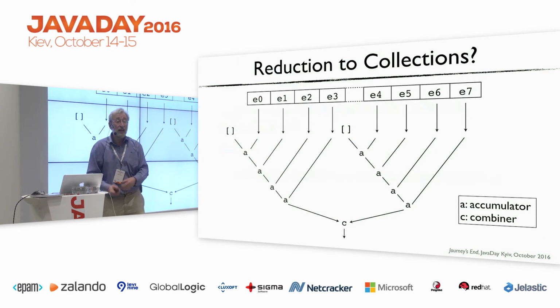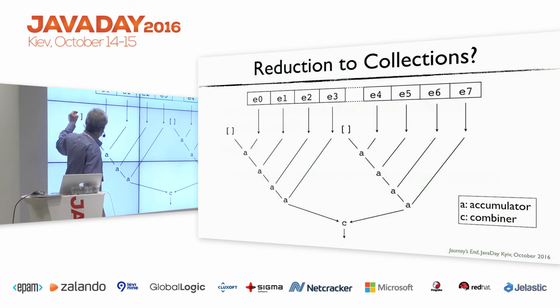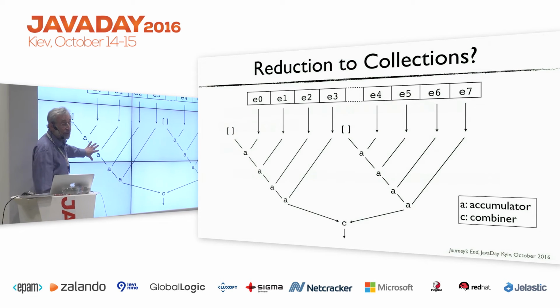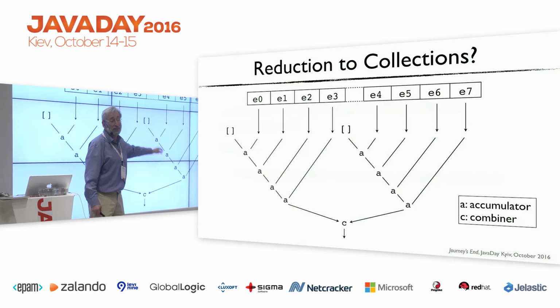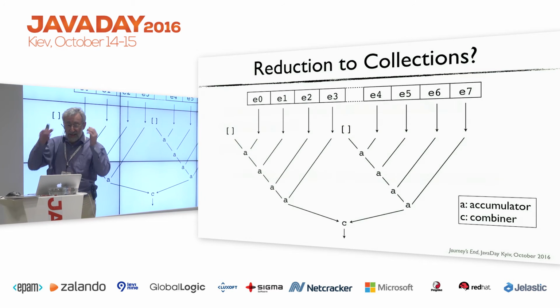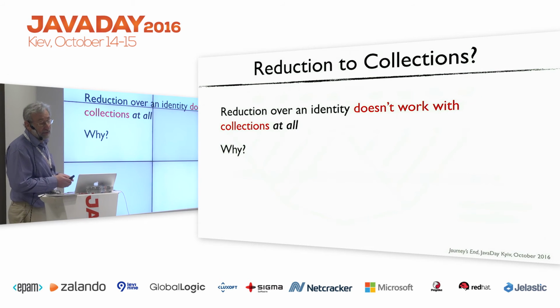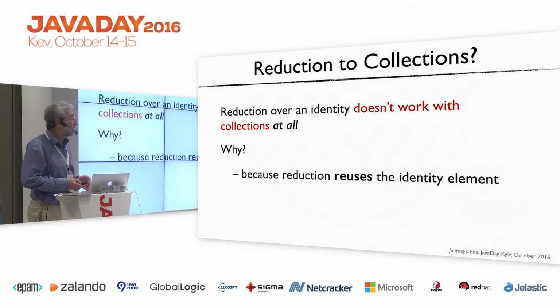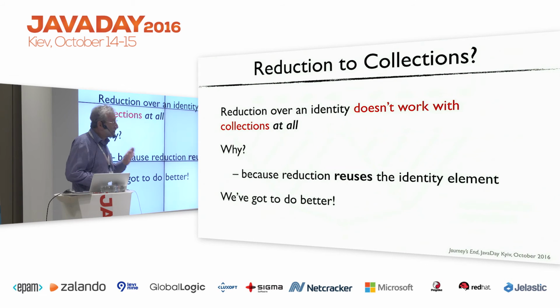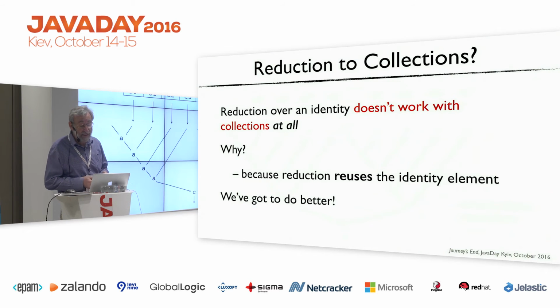But of course, if you have a reference to this thing and it's already been worked on by one thread, and then you start using it in another one, you're going to get insane answers. So reduction over an identity doesn't work with collections. Reduction reuses the identity element, and they had to invent something else.